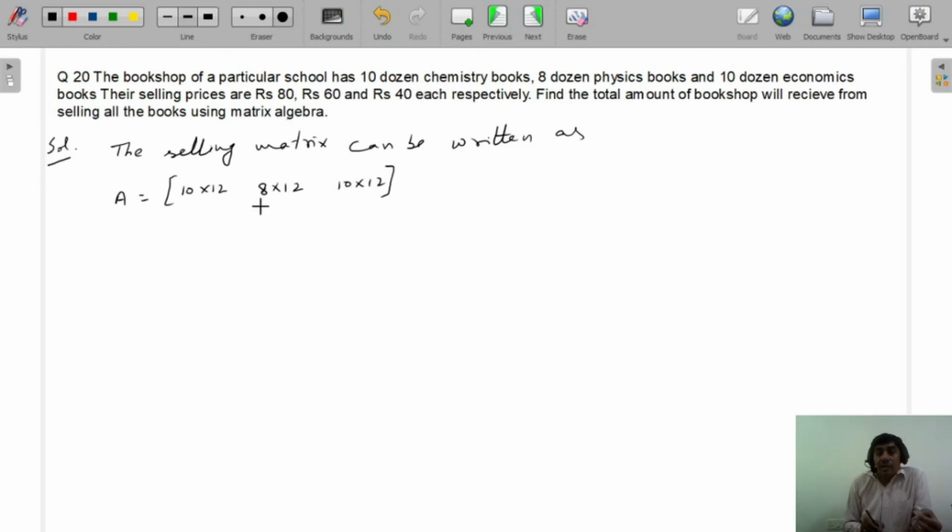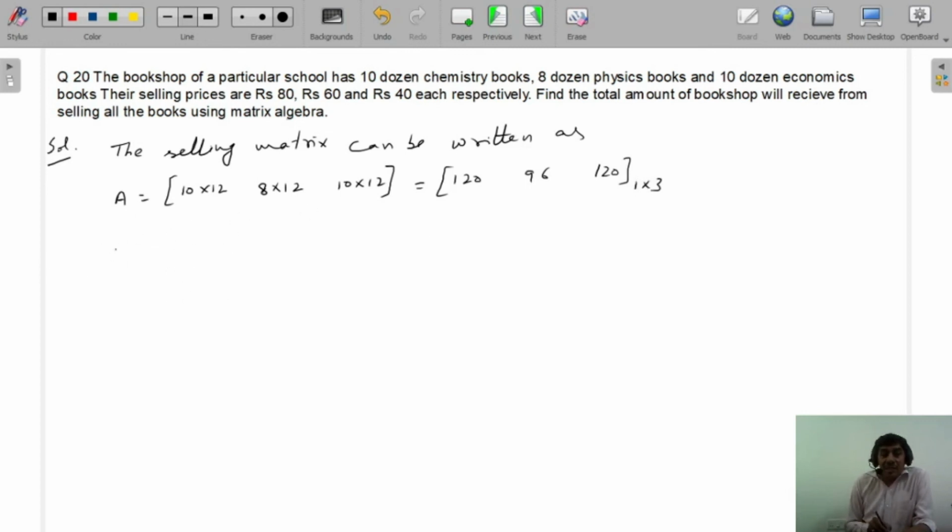The given books are in dozens. So 10 dozen chemistry books means 10 into 12 books. 8 dozen physics books means the total books of physics are 8 into 12. 10 dozen economics books means 10 into 12 books of economics. So A is equal to [120, 96, 120], which is a 1 by 3 order matrix.